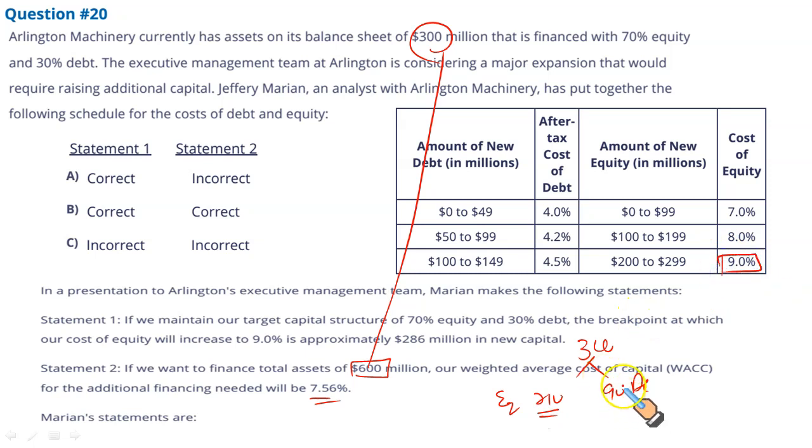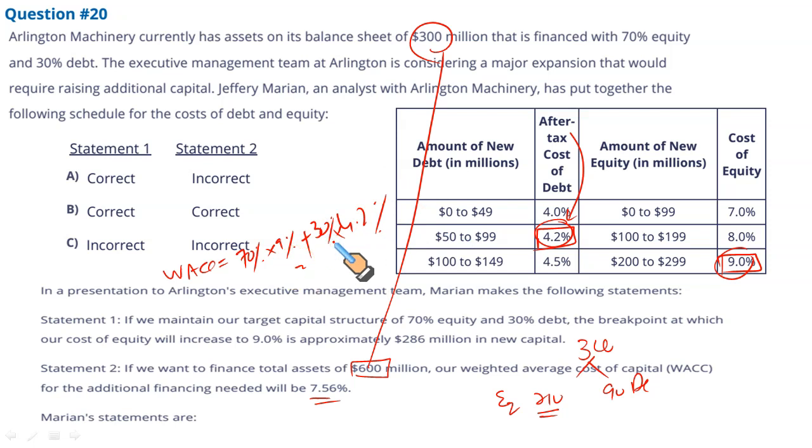When you need 90 million of new debt, it falls here. So the relevant cost of debt is 4.2, cost of equity 9. Since it has to be taken after tax and it is given after tax, no further working is needed. You can directly calculate the weighted average cost of capital. 70% of your funding has come at the rate of 9% cost, and the remaining 30% has come at the cost of 4.2. If you do the whole computation, let me do it for you.